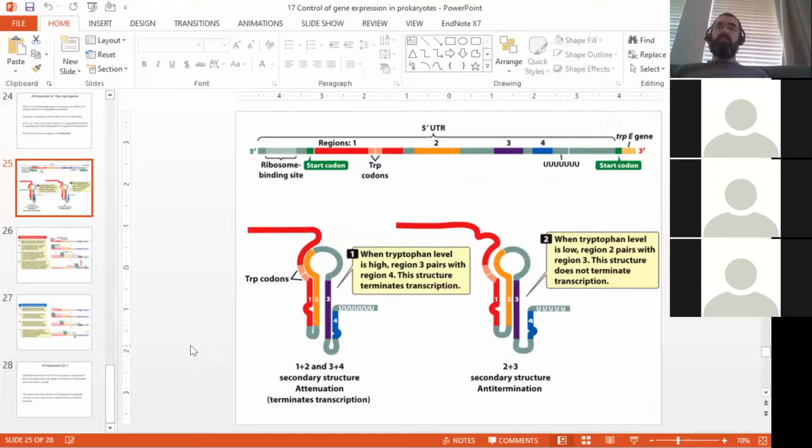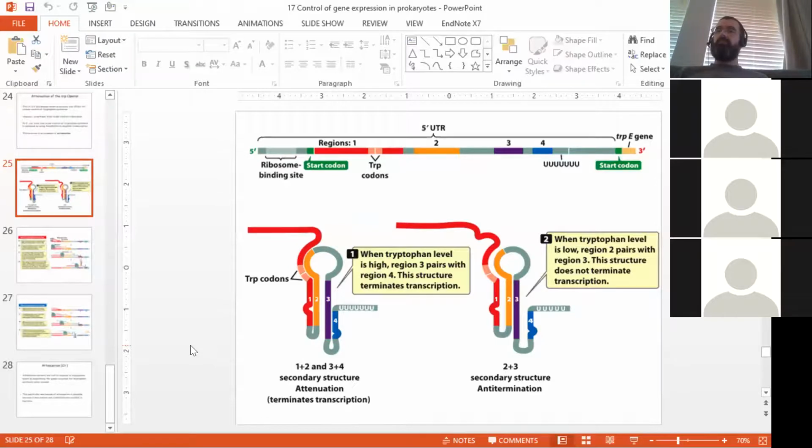If lactose is not present, you don't get expression of the lac operon, right? So that's why it's a positively regulated inducible system, right? You have to tell it to come on. Tryptophan is always required, and you have to tell it to go off when you don't want any more of it.